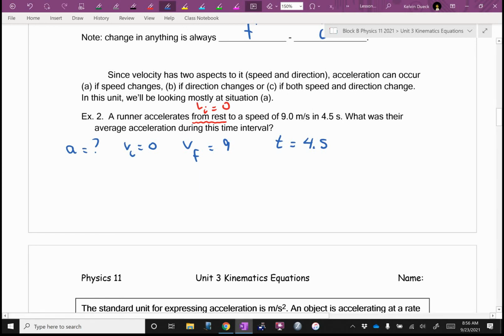The units all match nicely. So as I'm reading, I'm also asking, am I going to have to do any conversions? No. Okay. I'm looking for an equation that has an a, a vi, a vf, and a t in it. Right now, you only have one equation, and the single equation that we have is acceleration is vf minus vi over t.